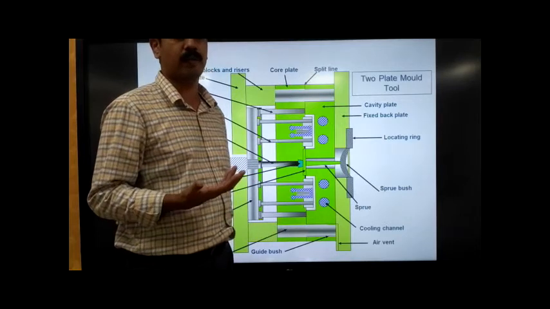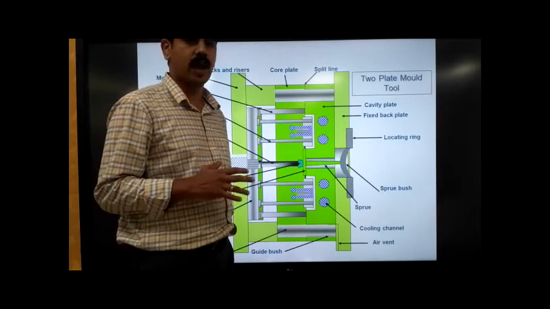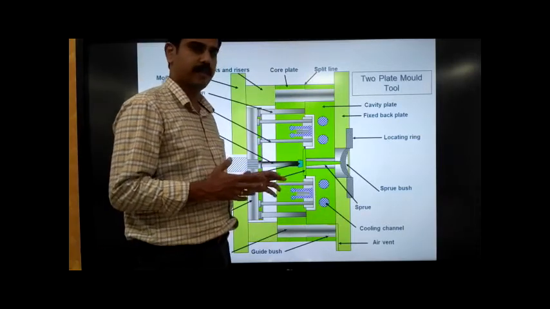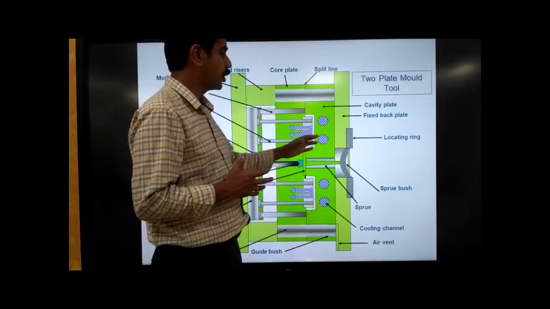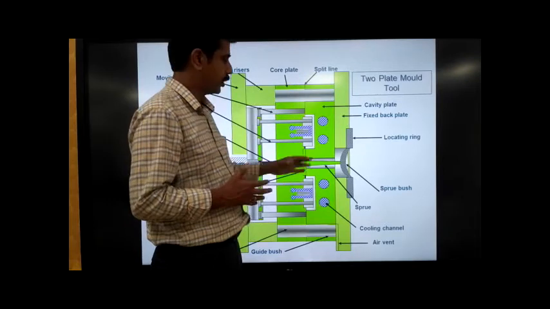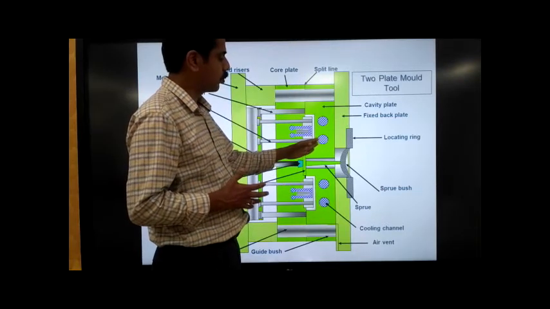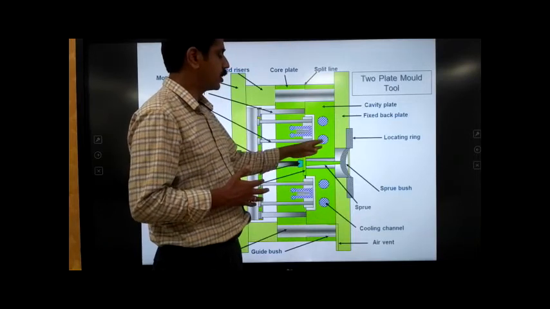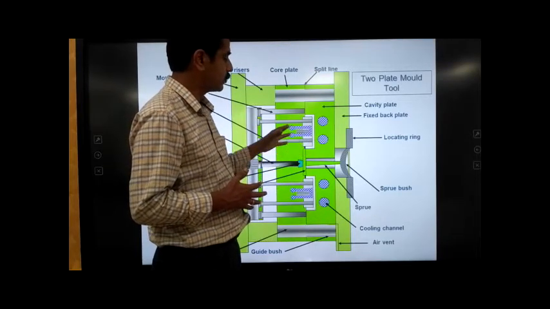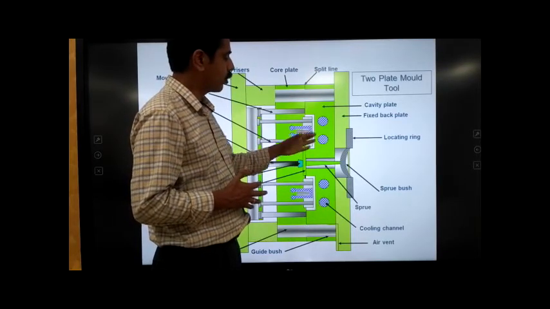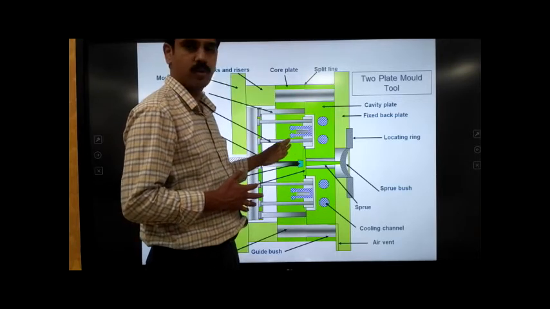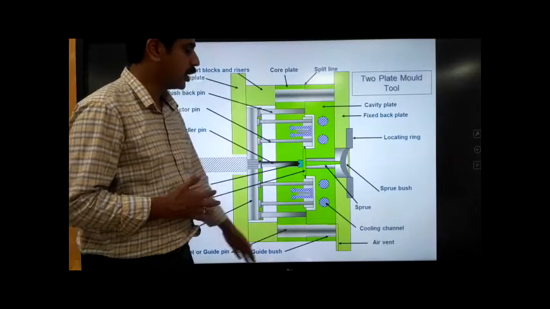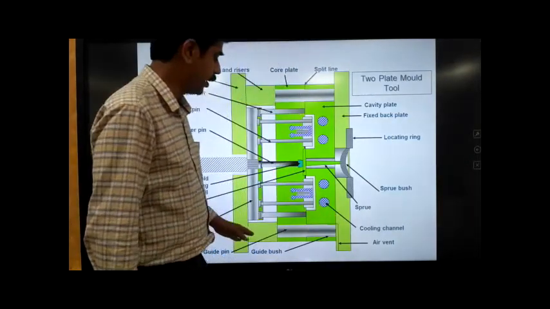Maximum number of products means the cycle time should be as low as possible. So to reduce the processing time, we need a very efficient cooling system. We keep the cooling system very near to the product, because that is where the maximum material is. And we have cooling not only at one side, but at the core side as well as the cavity side.